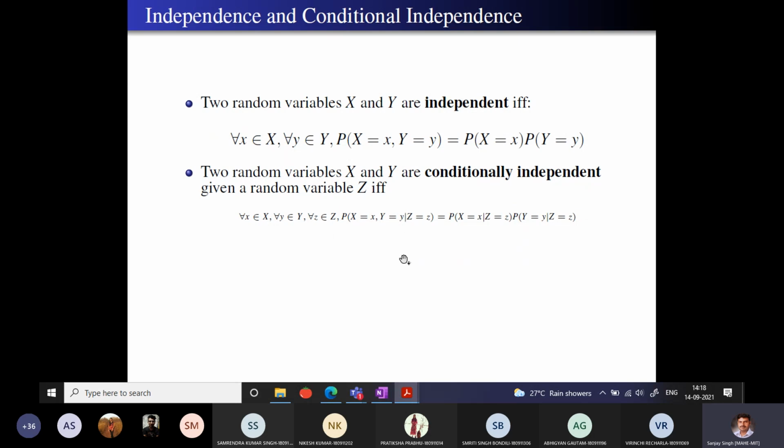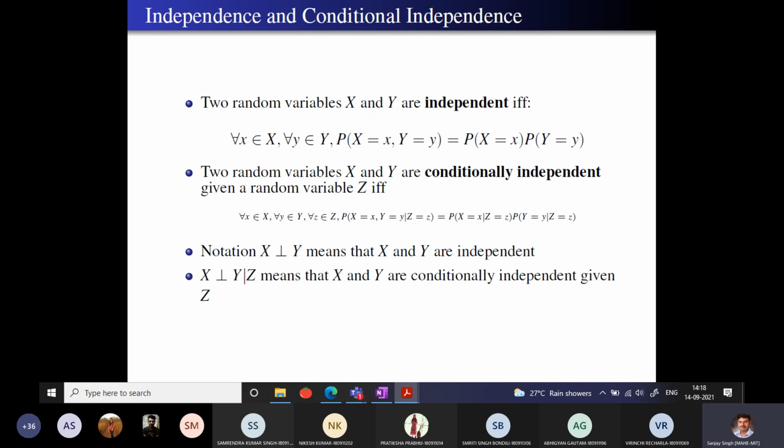This kind of probability is called conditionally independent. The notation x ⊥ y means that x and y are independent. Sometimes I have shown you this notation used when showing that two vectors are orthogonal also. And if you say conditionally independent, then you say that x and y are conditionally independent given z.